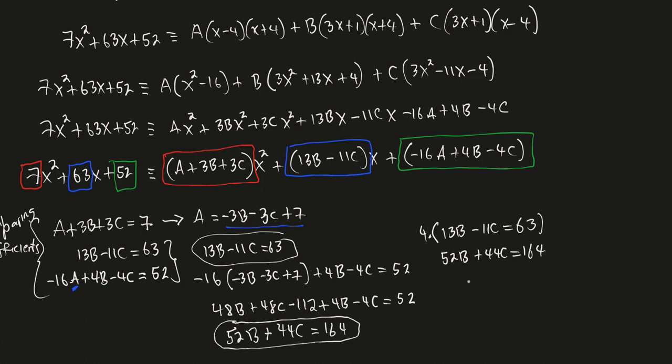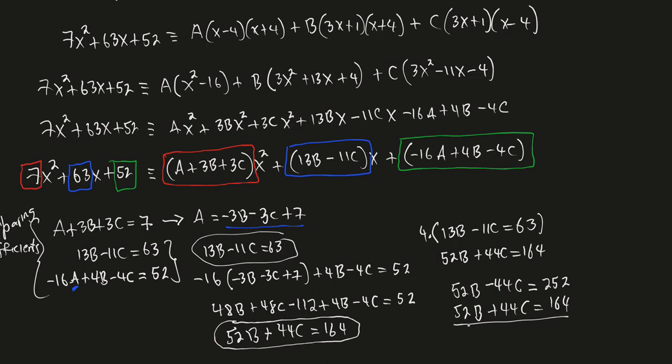So if I multiply the top equation by 4, I end up getting, let's see, 52b minus 44c is equal to 252, and then my second equation stays the same. 52b plus 44c is equal to 164.